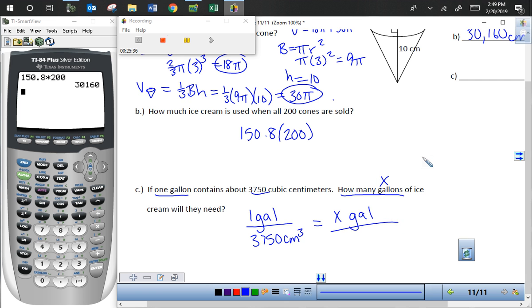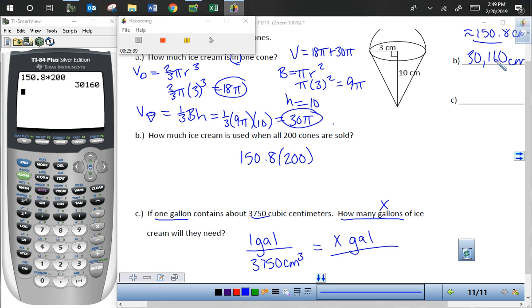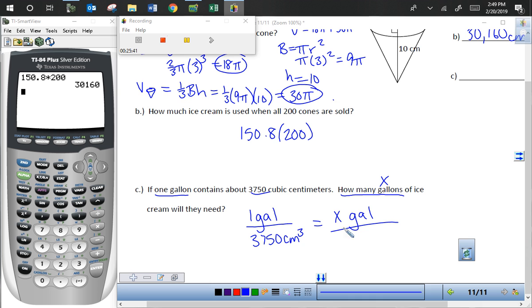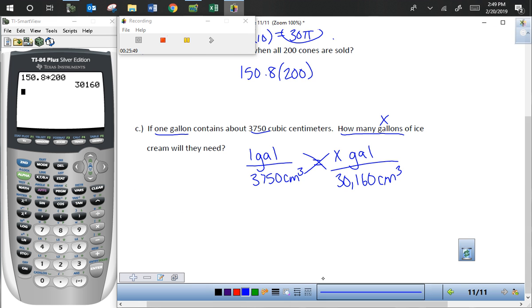And then on the bottom, we're going to use our answer from before, that 30,160, because our label for that was centimeters cubed, like we have over here. Then we'll cross multiply. So we'll see 3,750x equals 1 times that, which is itself. That tells us we need to divide by that 3,750.